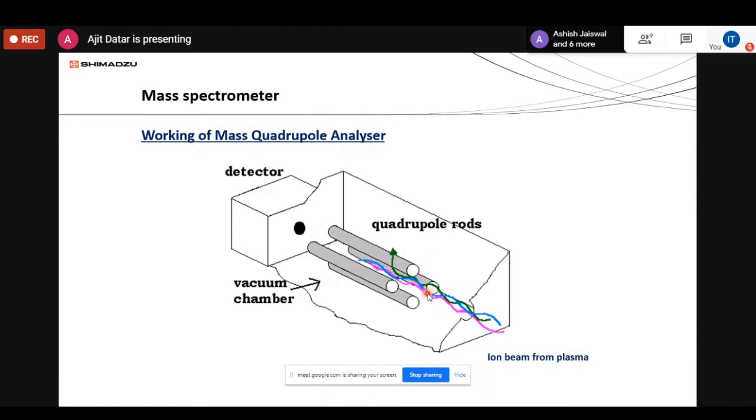Generally, we know what elements we are trying to measure. We jump from one mass to another, measure a particular element of our interest, go to the next element, and measure all of them. Initially we do qualitative analysis and then quantitative analysis, depending upon which elements we have to measure accurately at very low level.